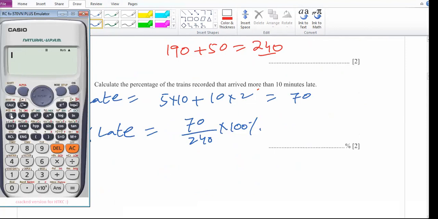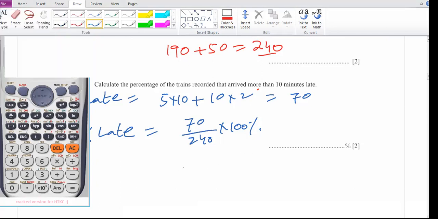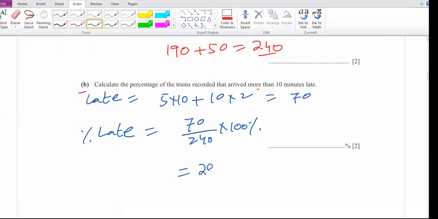So the percentage of late trains is 70 over 240 multiplied by 100. That will make 29.166, which you can round to 3 significant figures. First write 29.1661, then round to 3 significant figures: 29.2%.